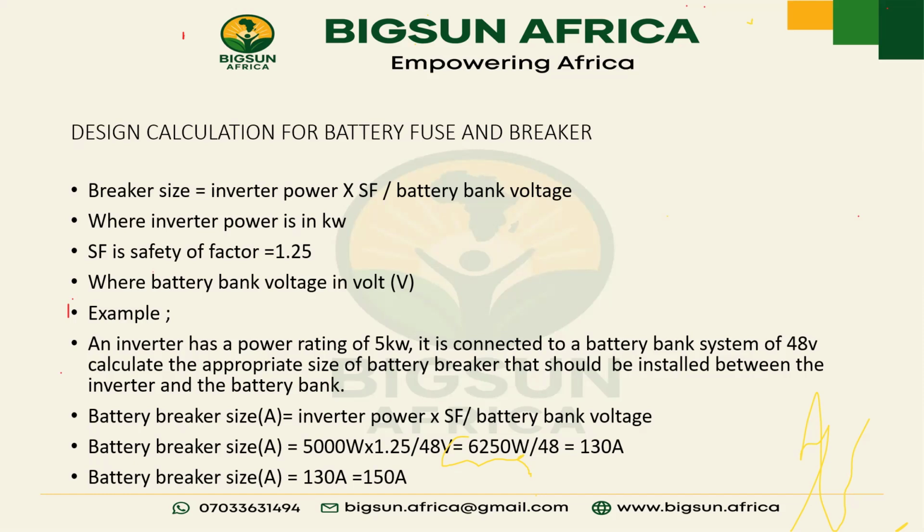Let's assume this system is a 48 volt system. 5,000 times 1.25 is 6,250. 6,250 all over 48 volts is about 130.2 amps.